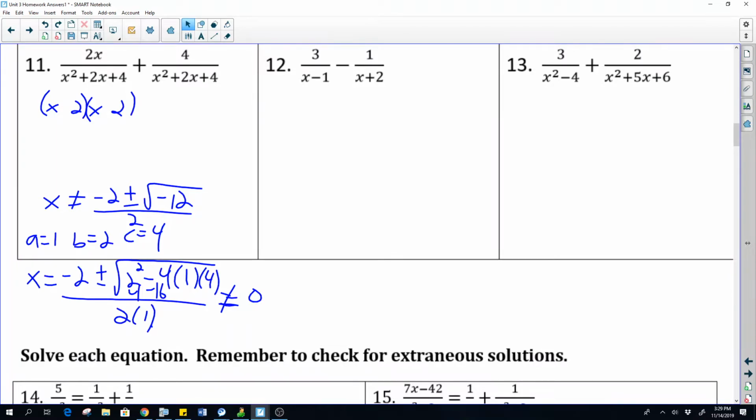That would be a 2 in the front, and this would come out with a 2 and become a radical 3 instead. Then divide by 2. So negative 1 plus or minus radical 3 with an i in there. That would be our exclusions. x cannot equal negative 1 plus or minus i radical 3.